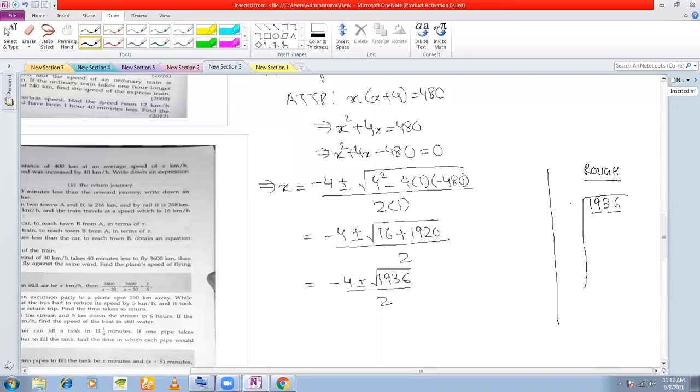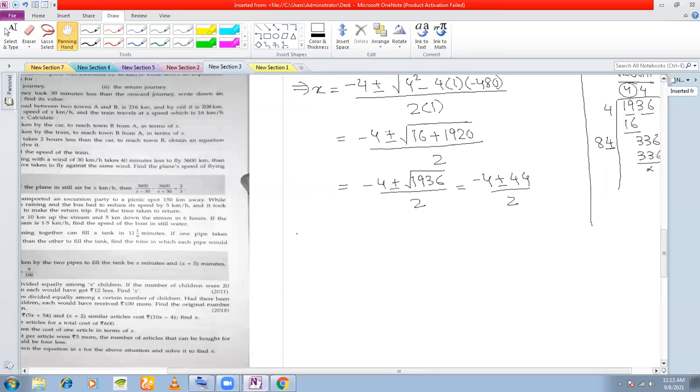Pair these numbers. 16, the closest square to 19 is 16, so 4 into 4 is 16, and you get 3 as the remainder. You bring down the 2 digits, then double this 4 to get 8 here, and the single digit required here is 4, since 84 into 4 gives you 336. So what you are getting here is minus 4 plus or minus 44 divided by 2.